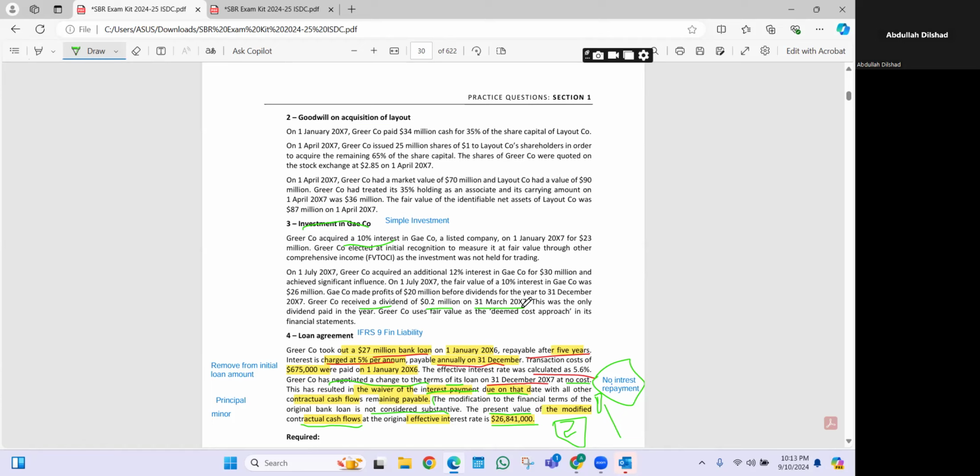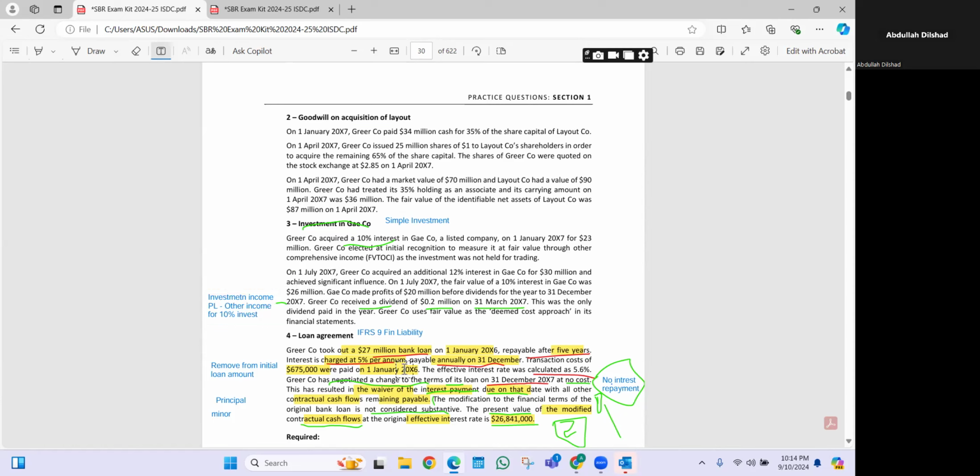So what is this? This is your investment income. Show it in your P&L under other income, for your 10% investment.